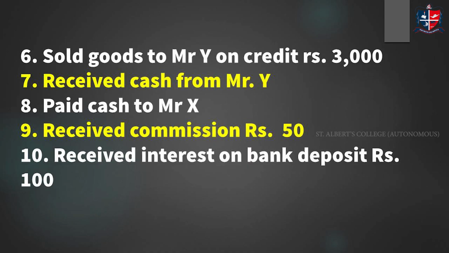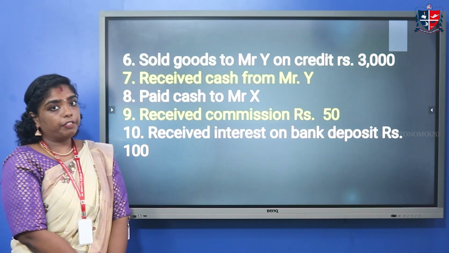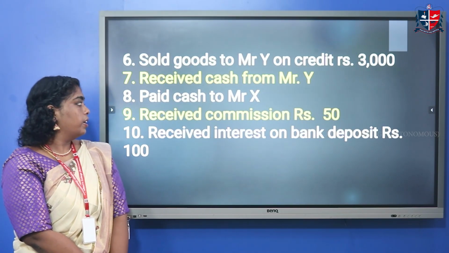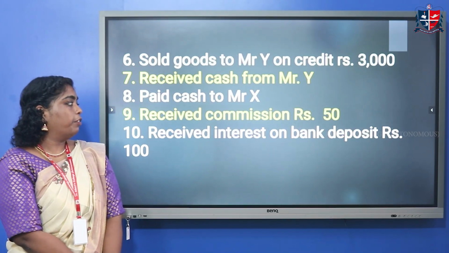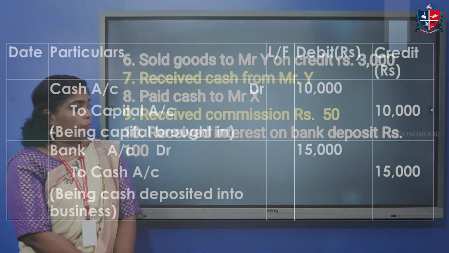And the other transactions are: sixth one, sold goods to Mr. Y on credit ₹3,000, received cash from Mr. Y, paid cash to Mr. X, received commission ₹50, received interest on bank deposit.